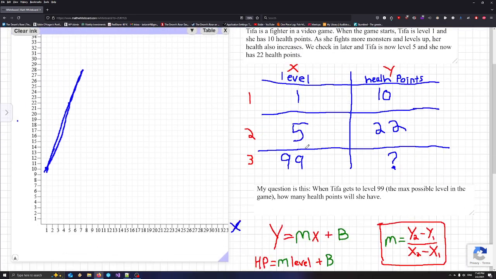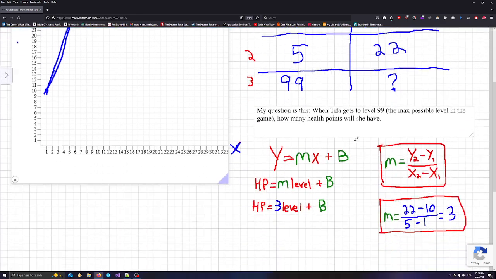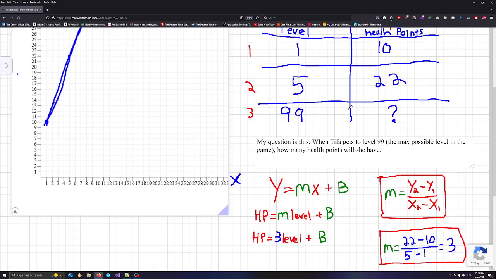So let's rewrite what we have. And we're gonna plug in some numbers. We'll use row 2.